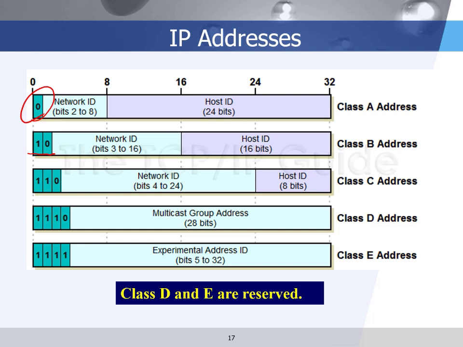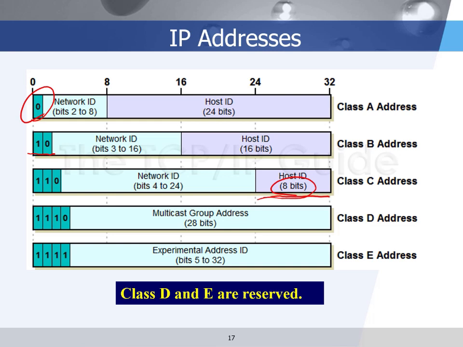So you may ask why we have different types of IP address. It's easy to understand. For example, for class C IP address, we only have 8 bits for the host ID part. And with 8 bits of binary number, we can totally represent 256 different numbers.